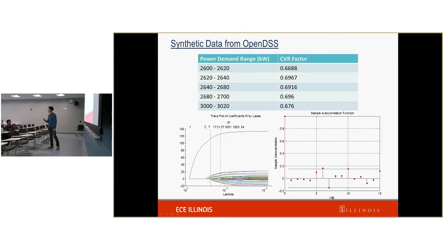Because it basically tells you that has the strongest relation with your model output, the power. For example, if you see here, this tells you the day of the week and the hour of the day, and then the last one that goes to 0, in this case, is PREF, which is your power from the reference feeder, because they closely track each other. They are very closely related, so it goes to 0 last.